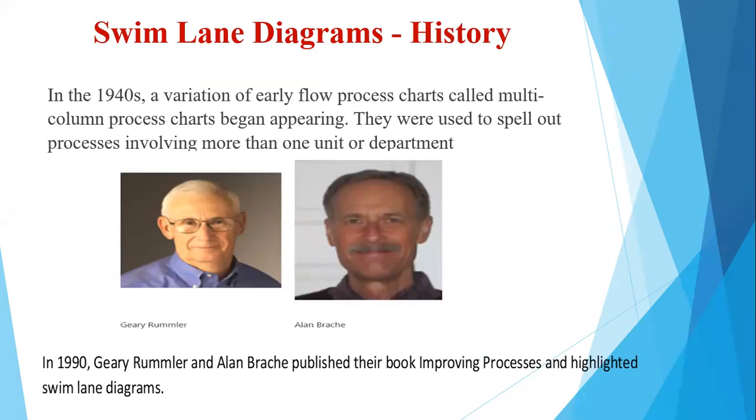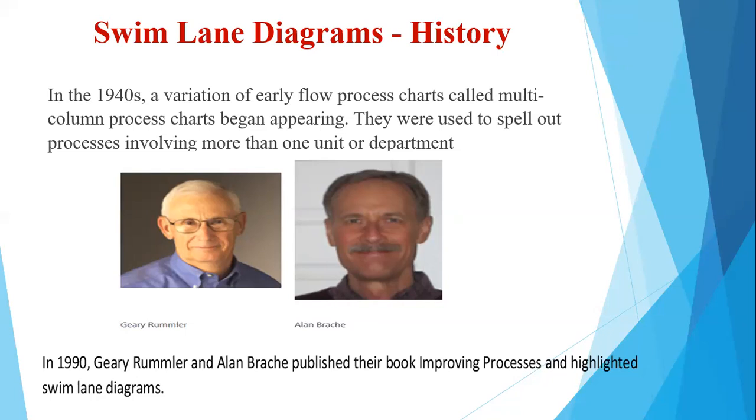Now, in the 1940s, a slight variation of the process flow charts, which was called multi-column process charts, started to be used. They were used on a wide scale in businesses. They were used to identify the processes that involved more than one unit or department.